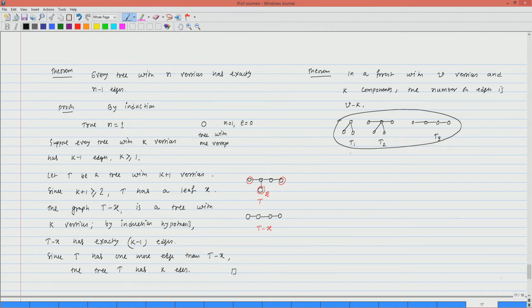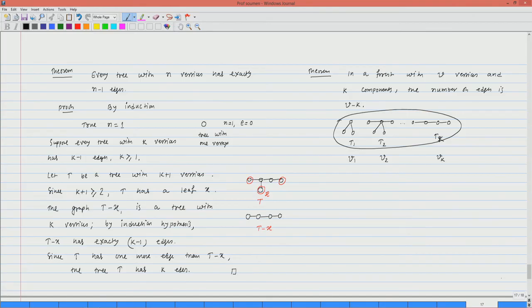In general, I am assuming that this tree has V1 vertices, this tree has V2 vertices, and suppose there are k components in general, and the last tree has Vk vertices.